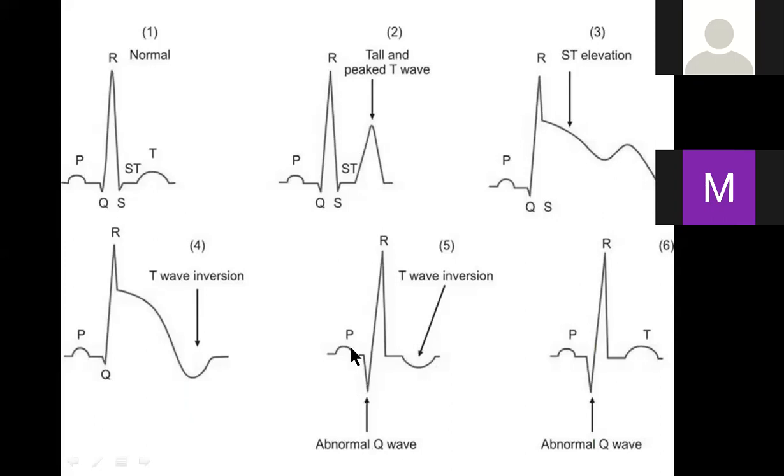Then in days or weeks, you will see Q waves following and T wave inversion. In an old myocardial infarction, the T wave will be normal and Q waves will be there. These are the changes which occur in myocardial injury and developing myocardial infarction.